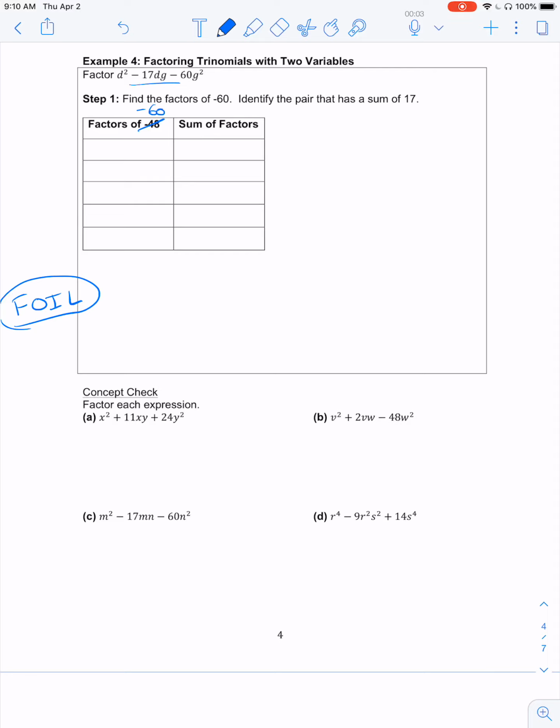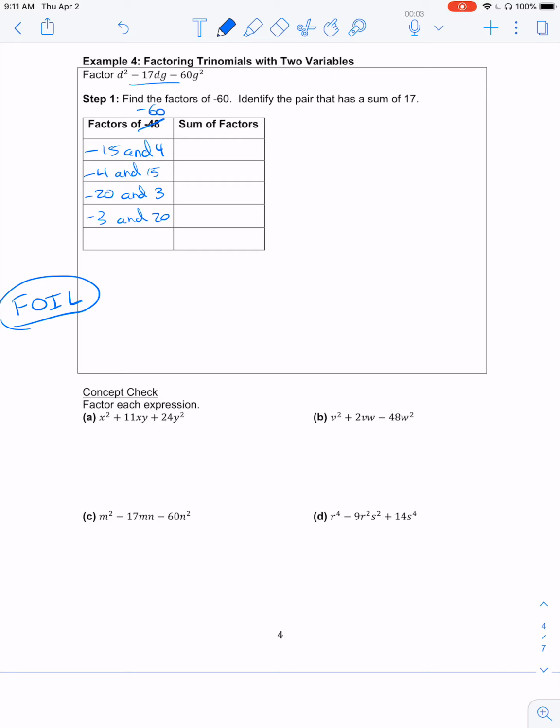So let's look at factors of negative 60. Negative 15 and 4, negative 4 and 15. Negative 20 and 3, negative 3 and 20.